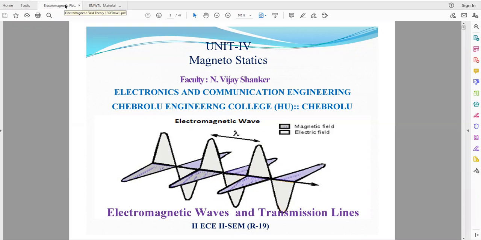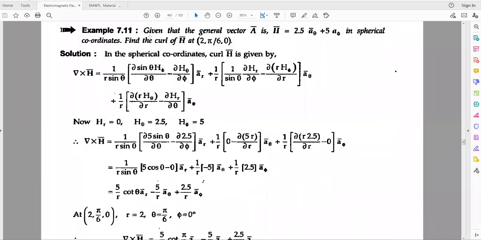Now, given the general vector H bar is equal to an A theta bar coefficient and an A phi bar coefficient, in spherical coordinates, find the curl of H bar at 2, pi by 6, and 0.